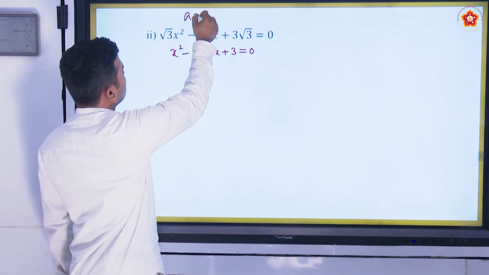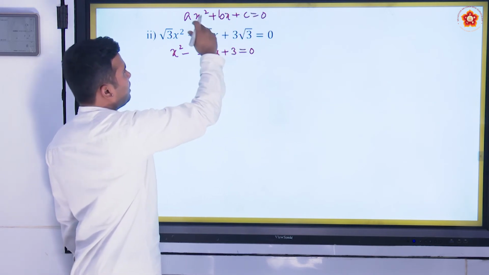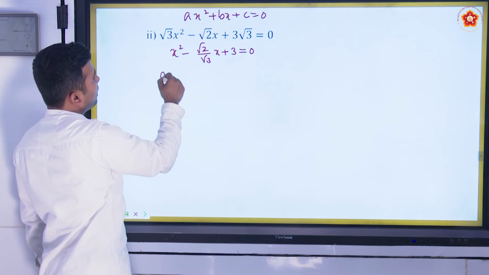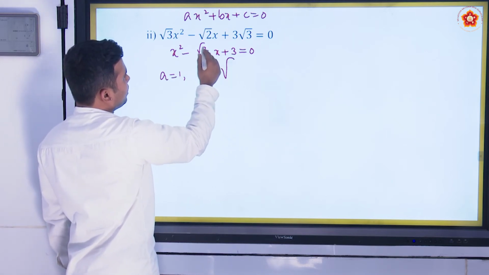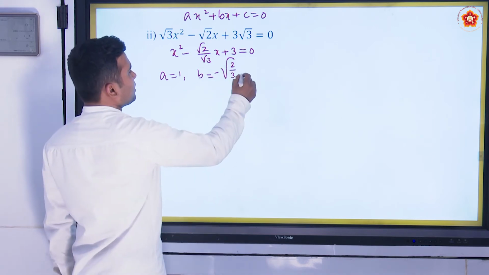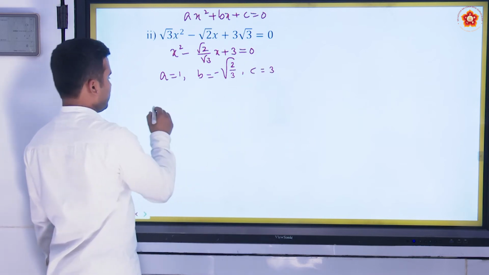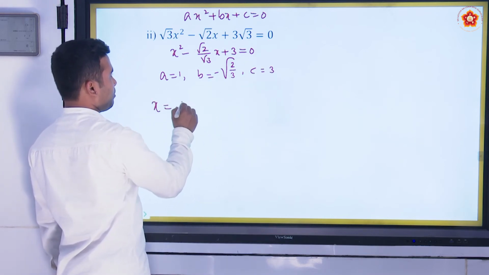We know that ax square plus bx plus c is equal to 0. You can compare this with that, then you will get a is equal to 1 and b is equal to minus, I can write root 2 by root 3 as root of 2 by 3, and c is equal to 3.